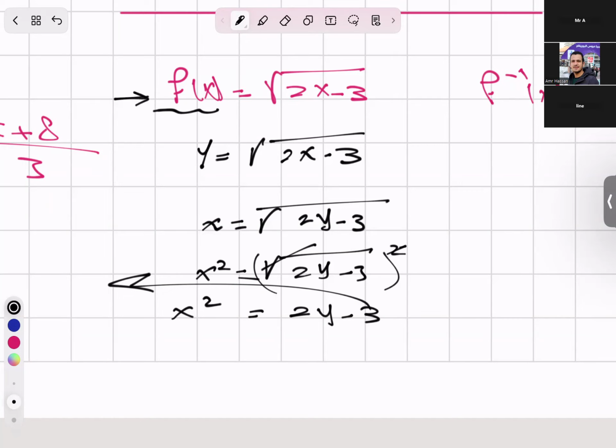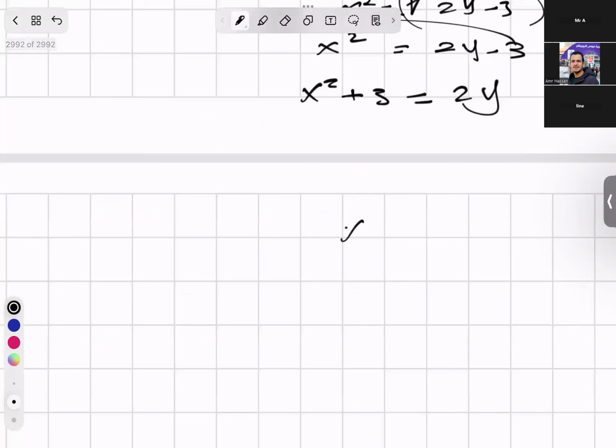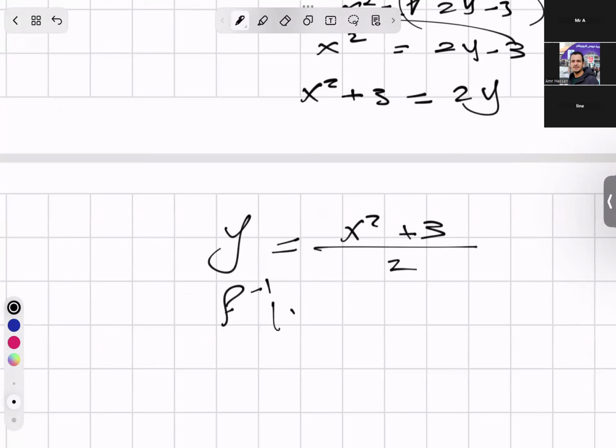No, it's supposed to be positive 3 because we moved it from one side to another, right? Oh, so x squared plus 3 equals 2y, and then x squared plus 3 over 2 equals y. So this one looks like I was trying to find out what is the inverse function. Did you get it?